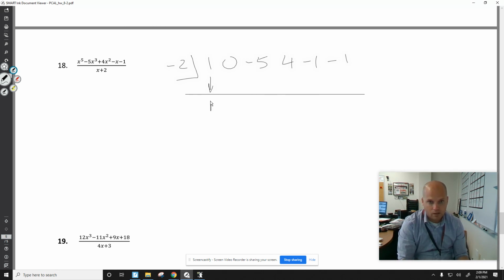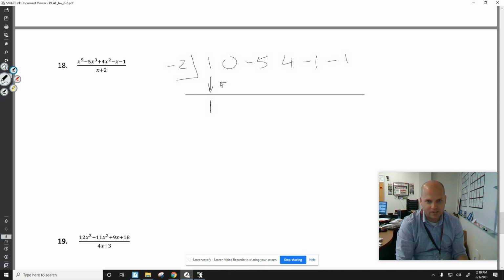So we bring down the 1 just like we normally do, but instead of subtracting the numbers with a +2, we add with the -2, which is what I like to do anyways. Here's the order. -2 times this. And anyways, I don't have to explain synthetic division.